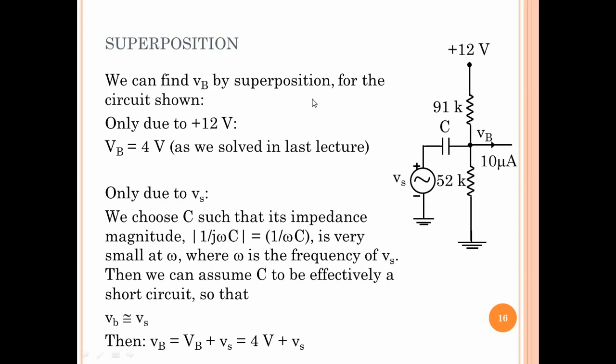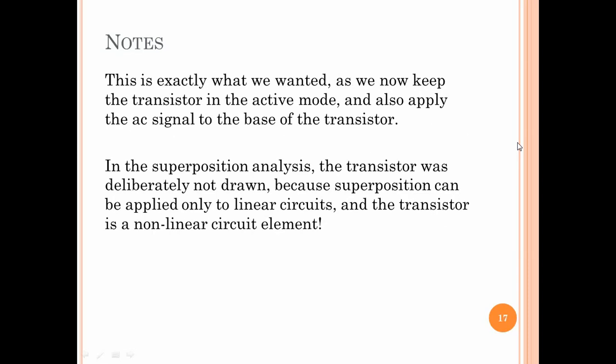Of course you can't, but if you assume that this current is just a 10 microamp current source, then we can apply superposition to this circuit, and that is good enough for our purposes, and that is why I did not draw the transistor. So the result is true that VB is equal to 4 volts plus Vs, because it is unaffected by what is happening to the right of this circuit.